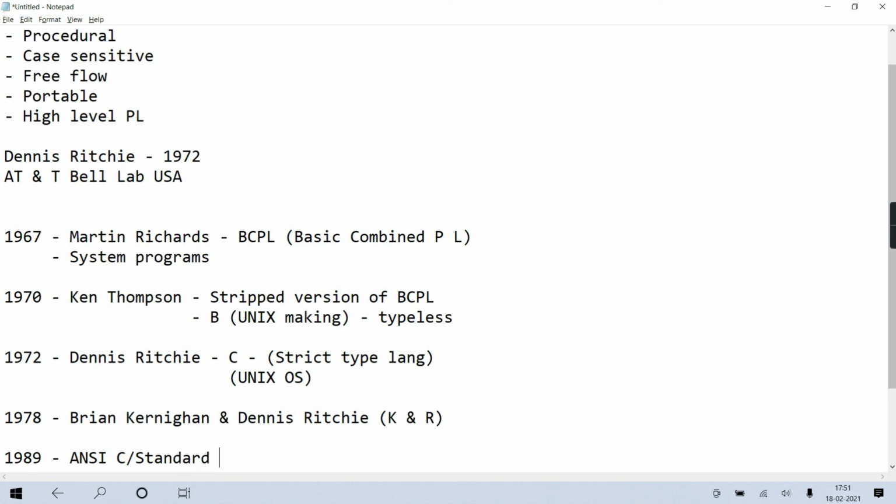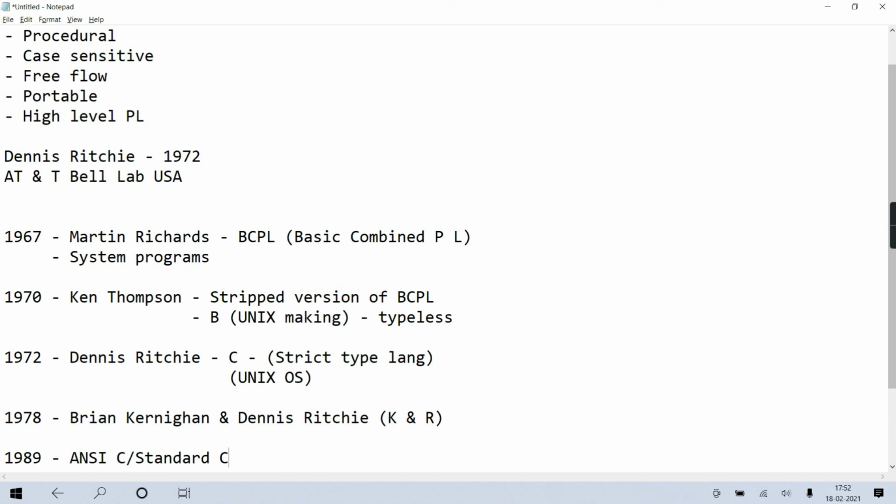Today, in many books, the C that is taught is actually this ANSI C. Many books don't teach K&R C; they teach ANSI C. After that, many variations and changes have come, but still many books teach ANSI C. Getting?